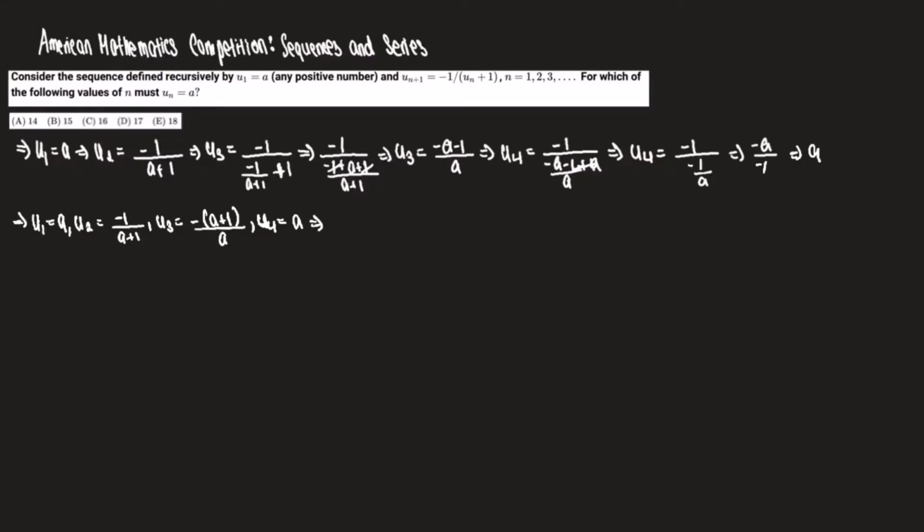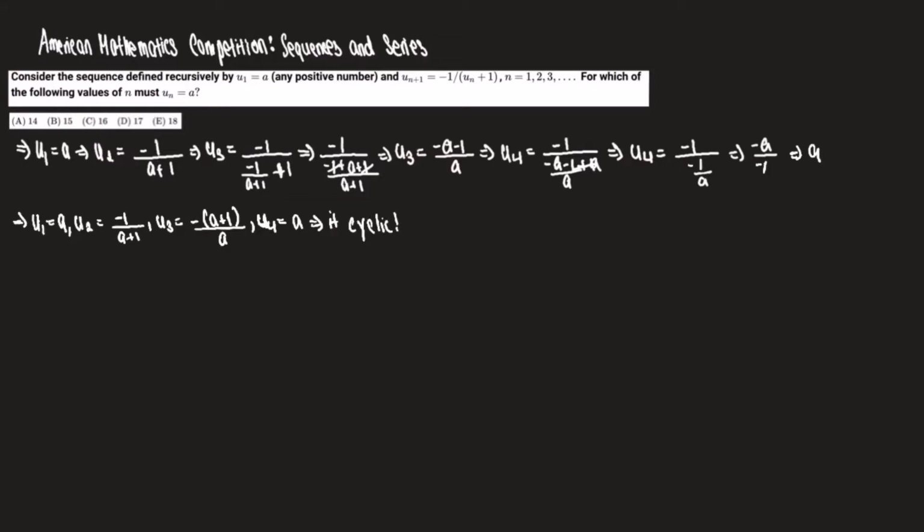So that means, well, you can continue and find u sub 5, but because the formula is recursively defined, you're gonna get the same value as u sub 2. So therefore it's cyclic, it repeats.